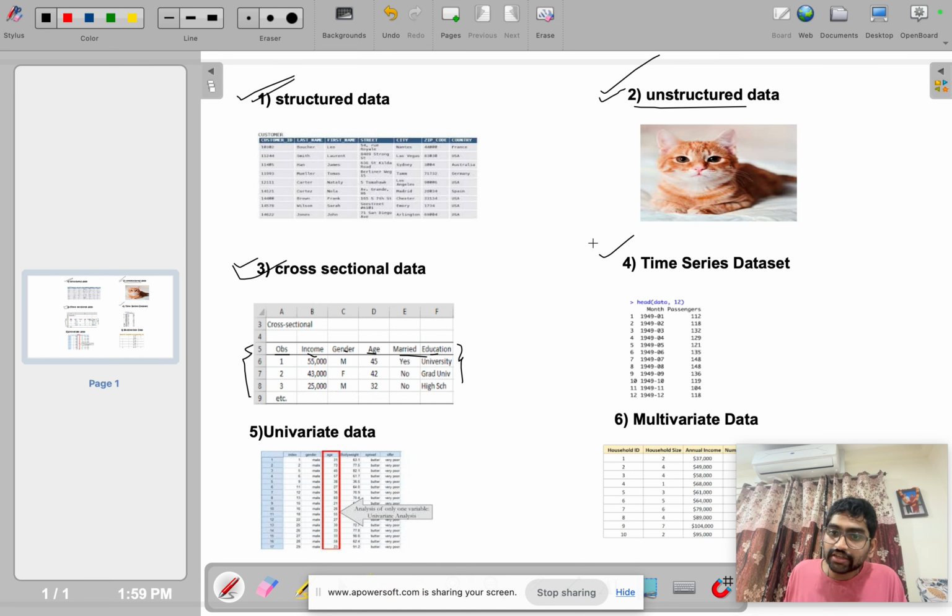The fourth type of data that we have is time series data. See, in the data itself, you see here there is time: 1949 1, 1949 2, 1949 3, 1949 4. So here, the first is January 1949, February 1949, March 1949. A proper time period is given to you.